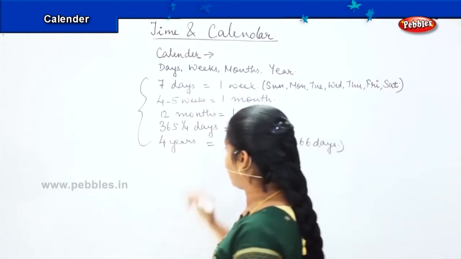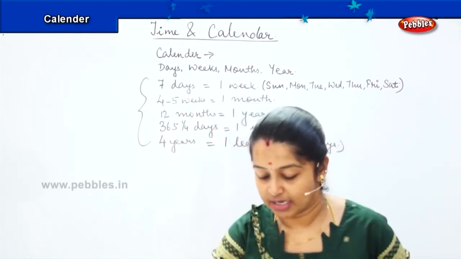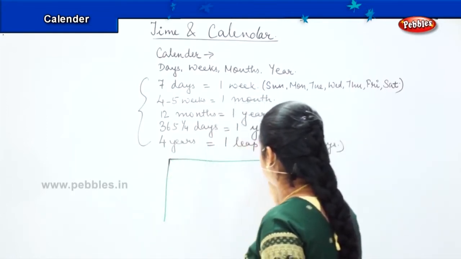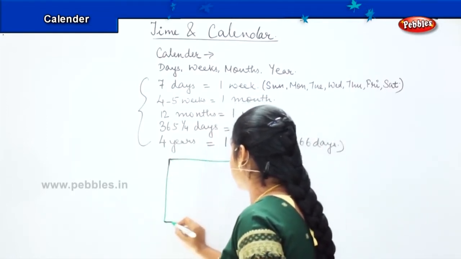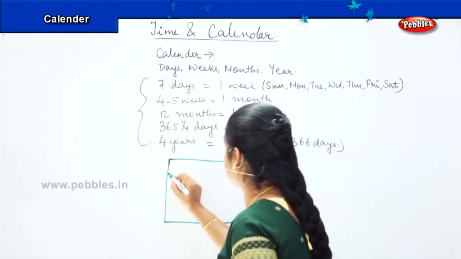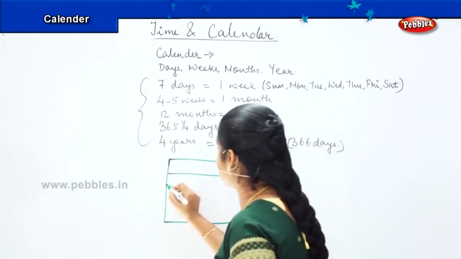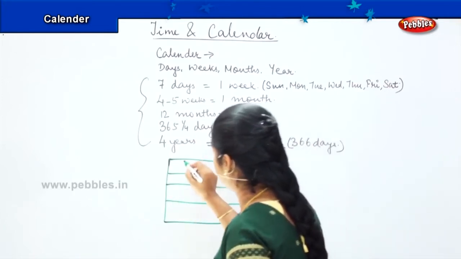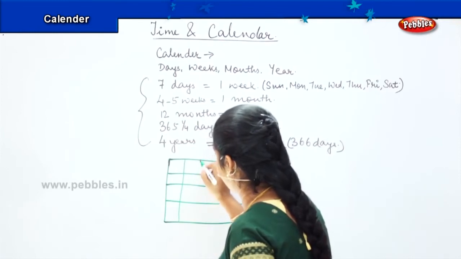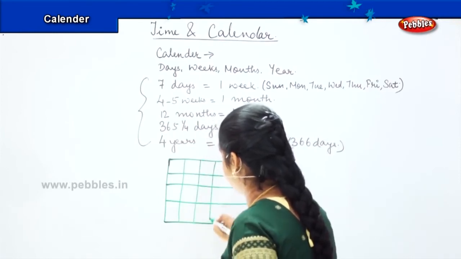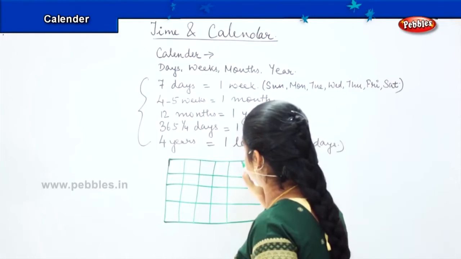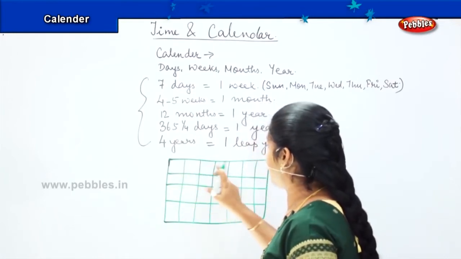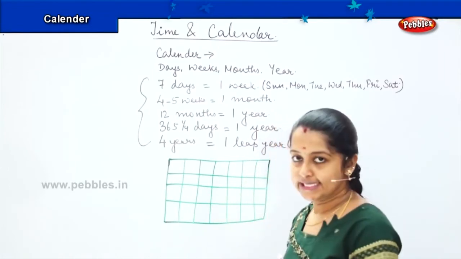Say for example, if I draw a calendar like this, okay? So for your sake, I am drawing a calendar and I am dividing it into 7 parts. Okay, 1, 2, 3, 4, 5, 6, and 7.